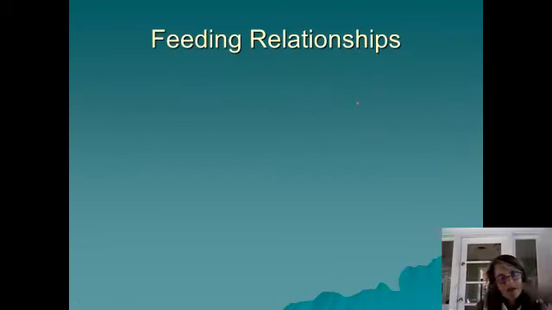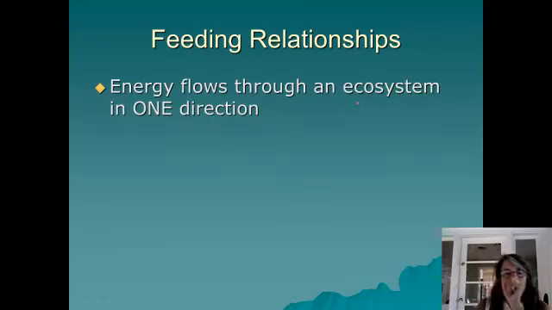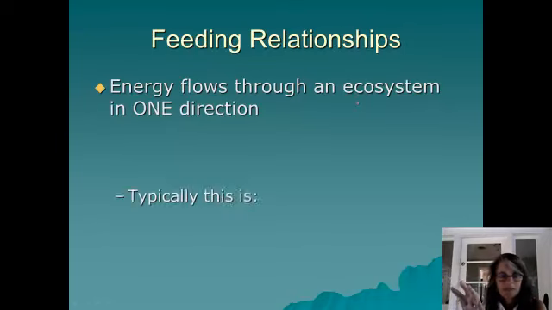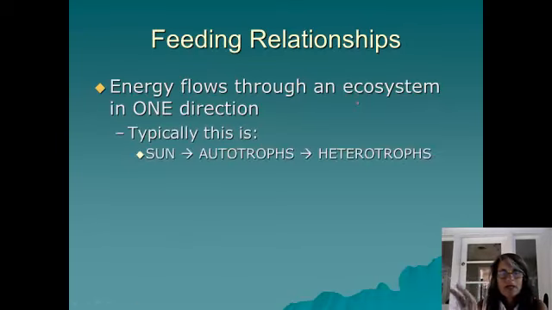Now, how do all these guys fit together? We've already started addressing some of that. Energy flows in one direction through an ecosystem, okay? Typically, this flow goes from the sun, is harnessed by the autotrophs, and then this energy is passed to the heterotrophs, okay?